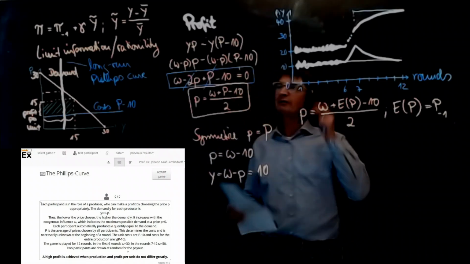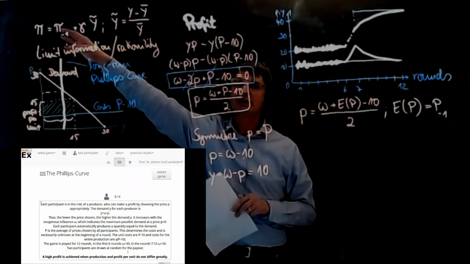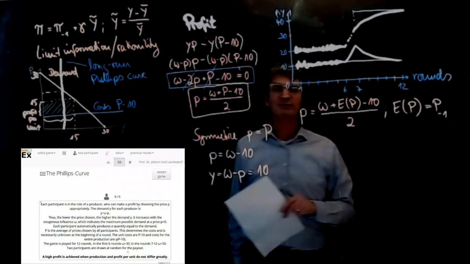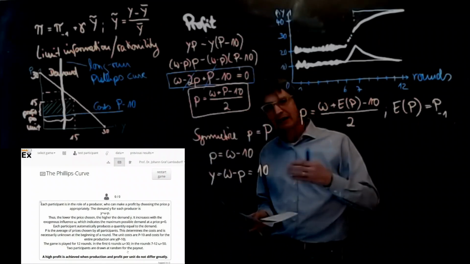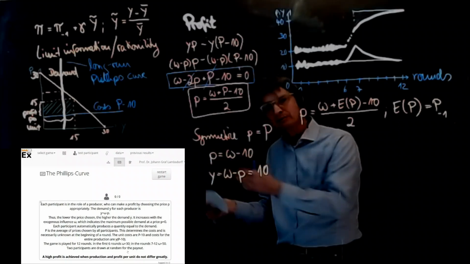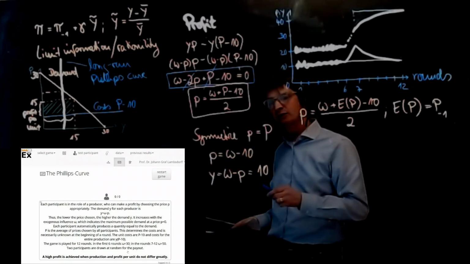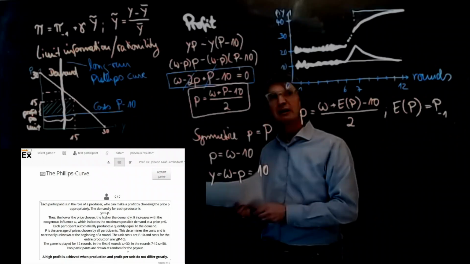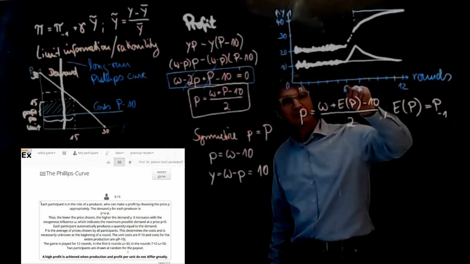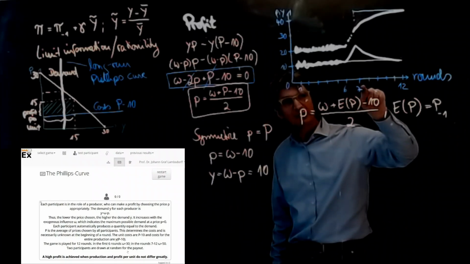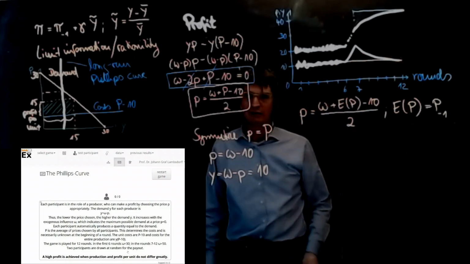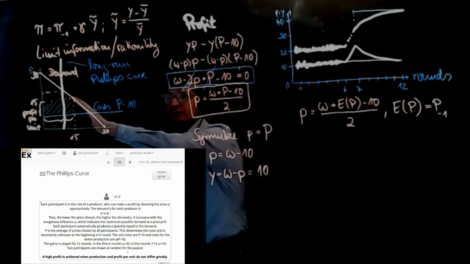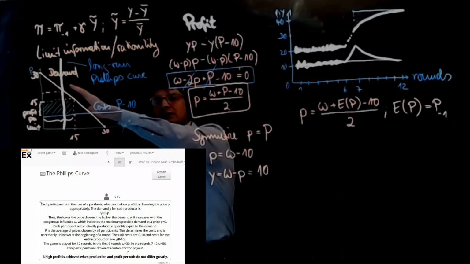Now, we still have not derived this form of the Phillips curve here, but we can extend the model a little. Let us assume for a moment that the omega does not jump from round 6 to round 7, but rather that the omega develops steadily over time. So demand shifts each round a little.